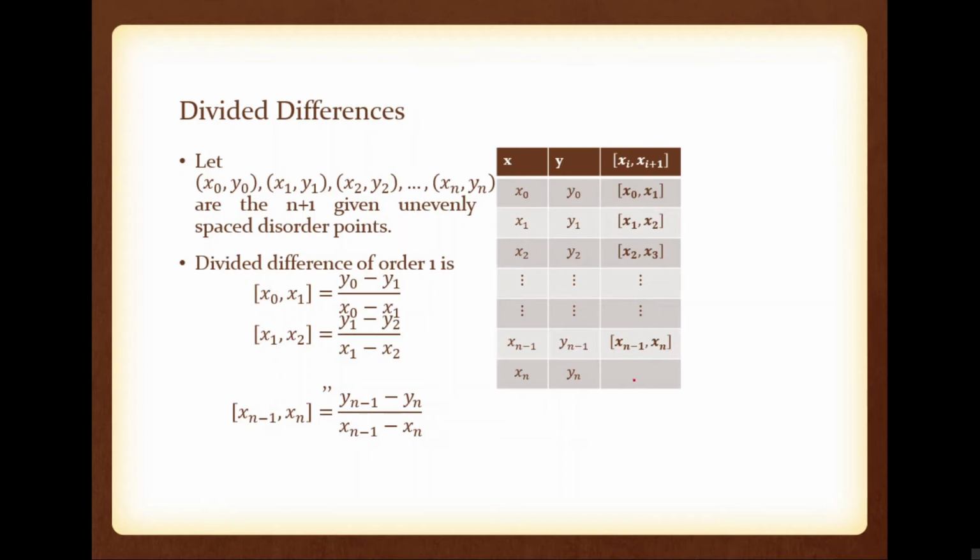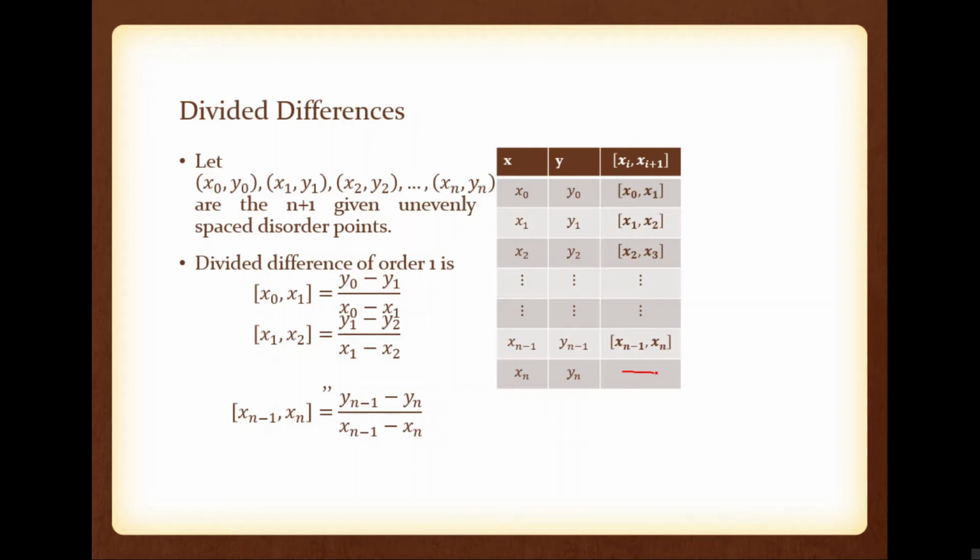What is the next one? Corresponding to xn, what is the divided difference? Yes, but as xn+1, yn+1 are not available, we can't measure it. So that is not available.